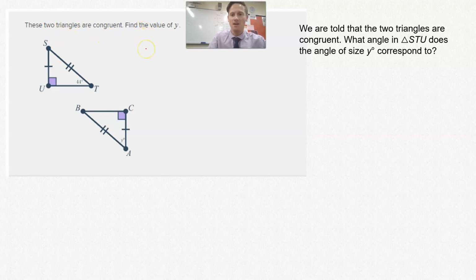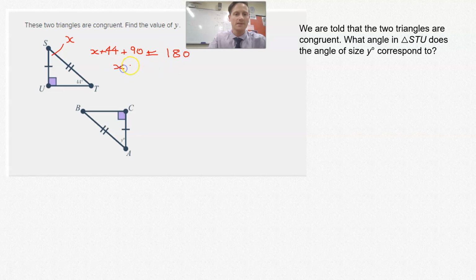And it says find the value of y. So what angle in triangle STU does the angle of size y correspond to? Let's check this out. We've got a 90 degree, a 44 degree, and an unknown degree of x. So sum of angles in a triangle, we say x plus 44 plus 90, I'll put the x at the front because that's how I like to do it, equals 180 degrees.